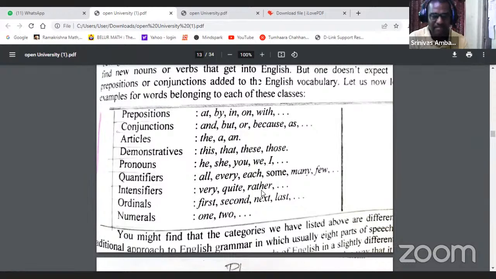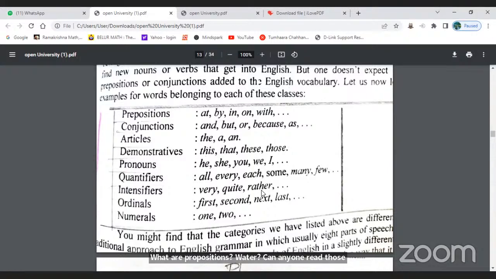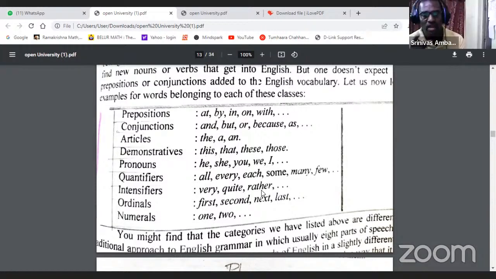What are prepositions? Can anyone read those headings? Prepositions, conjunctions, articles, demonstratives, pronouns, quantifiers, intensifiers, ordinals, and numerals. So you have examples there.